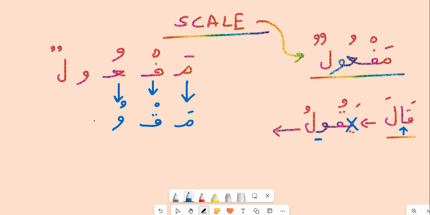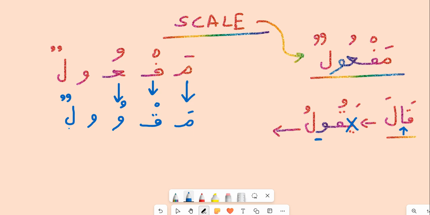Now this waw came here from the original scale, and the last original letter, the lam, comes. We are borrowing the tanween from the scale. So we have all the harakas here. What do we have now? Maqulun. This is the original scale, but we don't use maqulun in our daily language.